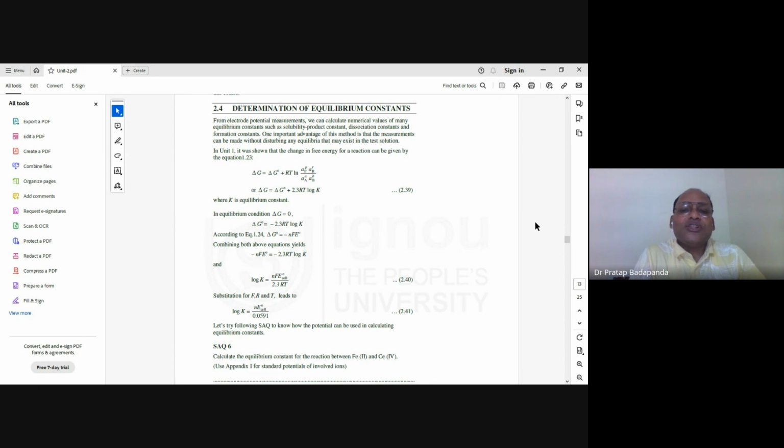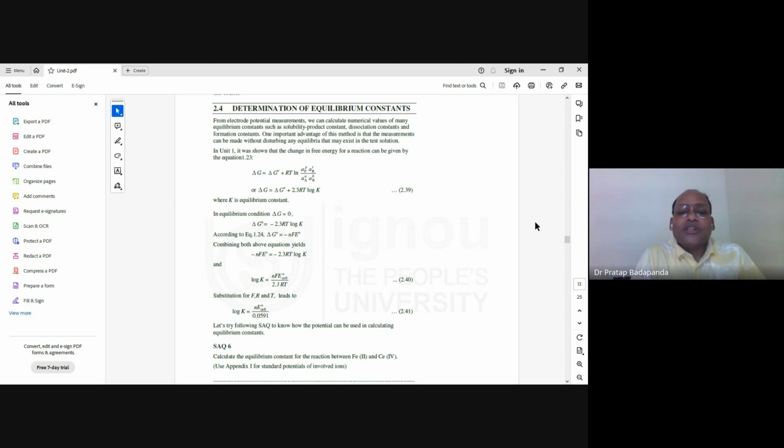So delta G equal to 0 means delta G naught is equal to minus 2.303 RT log K. This is from equation 2.39, where we got delta G naught equal to minus 2.303 RT log K.